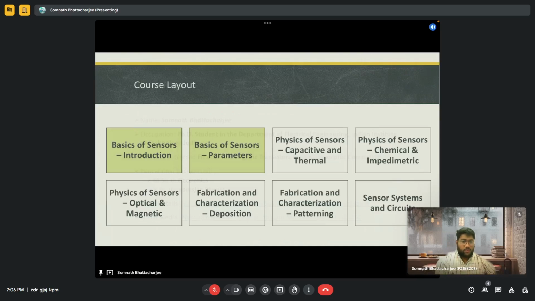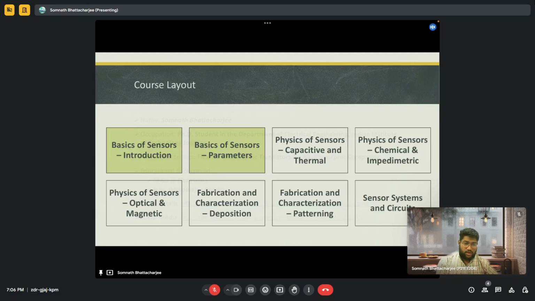Our course was divided into eight fractals, out of which the first two were for basics of sensors, the introduction and then the parameters. After that, the next three were for physics of sensors: capacitive and thermal for the first class, then chemical and impedimetric, then optical and magnetic.